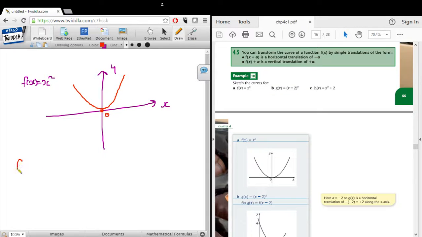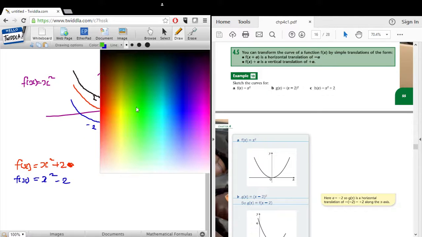Now if we had f(x) equals x squared plus 2, then we would say that this would be our graph, at 2. If for example we had f(x) equals x squared minus 2, we would have minus 2.